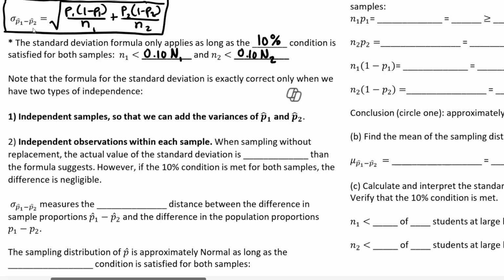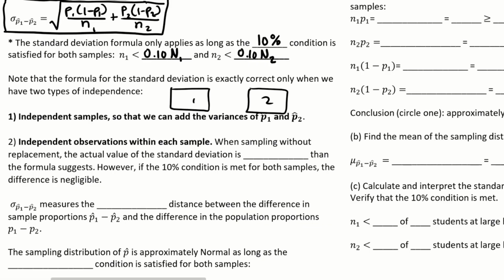Then within each sample, for example within the first sample, there's also independence, meaning the observations within each sample are independent. So that's important to understand. Let's say these are your two samples, 1 and 2, just as an illustration.